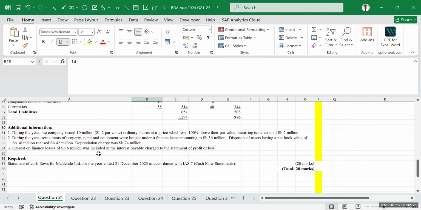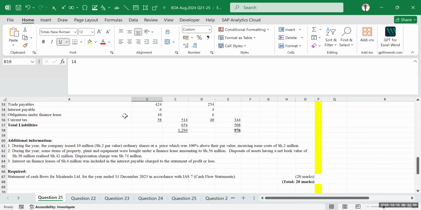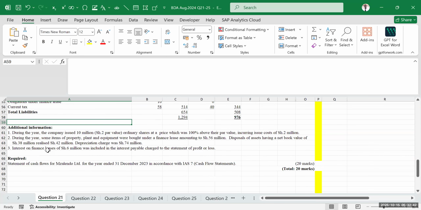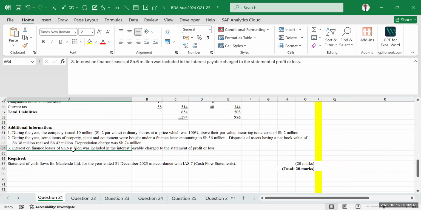And before I go to check on the movement in the obligations of finance lease, I want somebody, even if it is Mercy who has reminded us of that, to tell us what is the impact of the finance lease, the interest on finance lease of 6 million, which was included in the interest payable. What impact will it have on our interest paid?